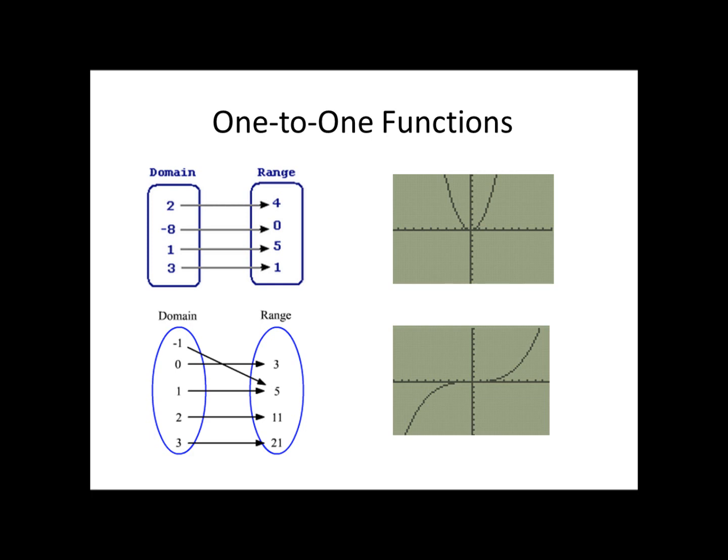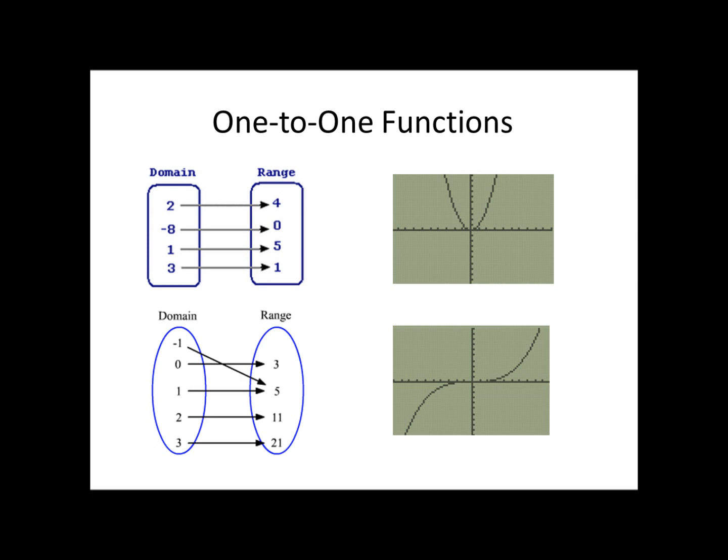Now not all of these are one-to-one functions. A one-to-one function takes it a step further and says that not only can the domain not point to more than one range value, but not more than one domain can point to a particular range. So we see in the top mapping diagram, every domain points to one range, but every range is only being pointed to by one domain.